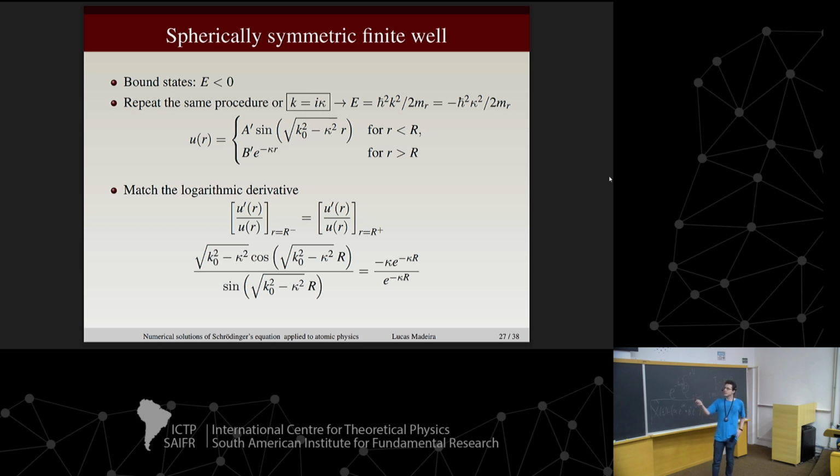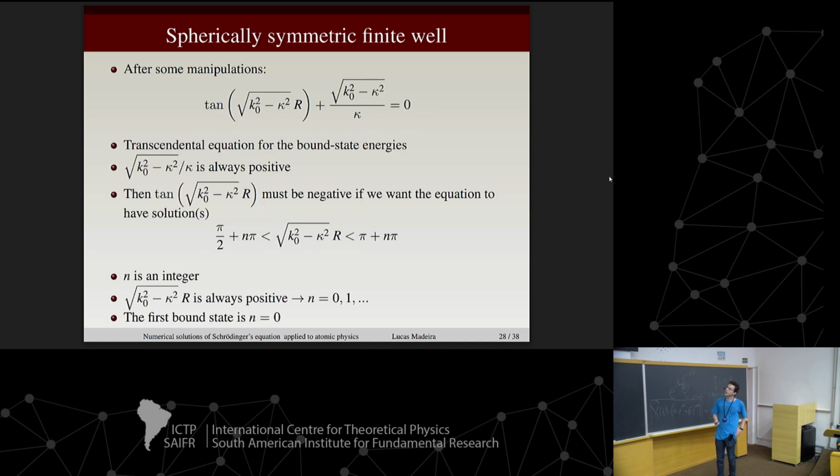I do all the business again of matching the first derivative and the function, the ratio of the two. I get this ugly equation here, and I rearrange the terms a little bit, and I get this equation here, which is transcendental, which means that I cannot solve it analytically.